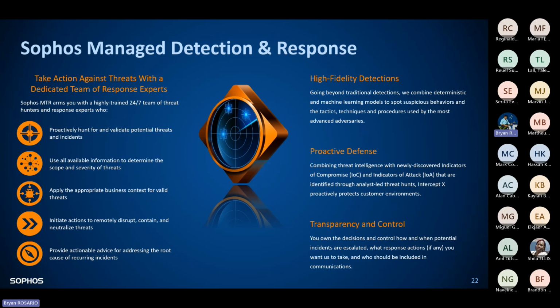So we have Intercept X Essentials, which is the lowest tier available. Then we have Advanced. Then we have Advanced with XDR. And then our next tier, which is Managed Detection and Response Essentials and Advanced or Complete. Those are two service tiers on top of XDR.